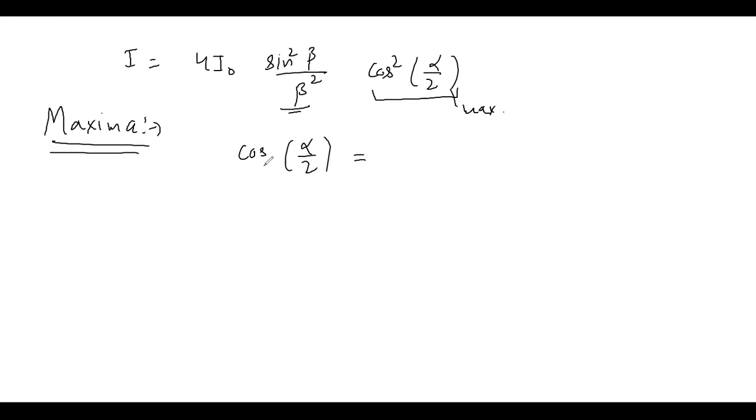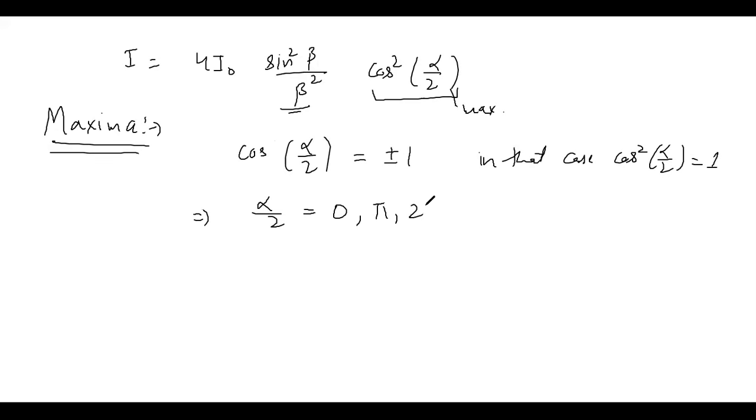That means whenever your cos alpha by 2 is equal to plus or minus 1, in that case your cos square alpha by 2 would be equal to 1. So this means that we would like our alpha by 2 to be equal to 0, pi, 2 pi, 3 pi, and so on. 0 cos 0 is 1, cos pi is minus 1, cos 2 pi is again plus 1, cos 3 pi is minus 1, and so on.